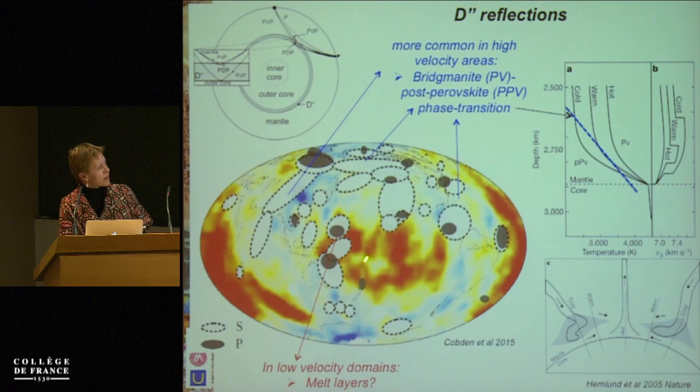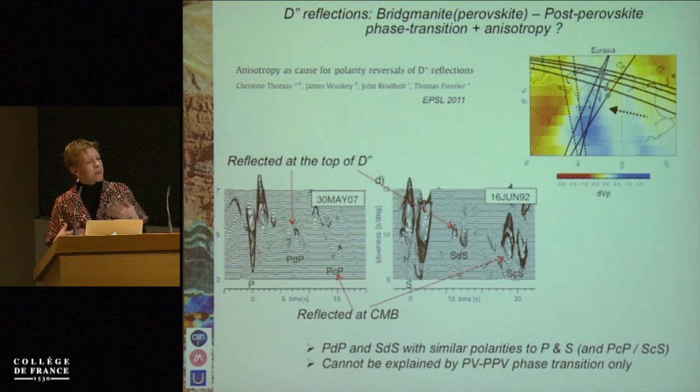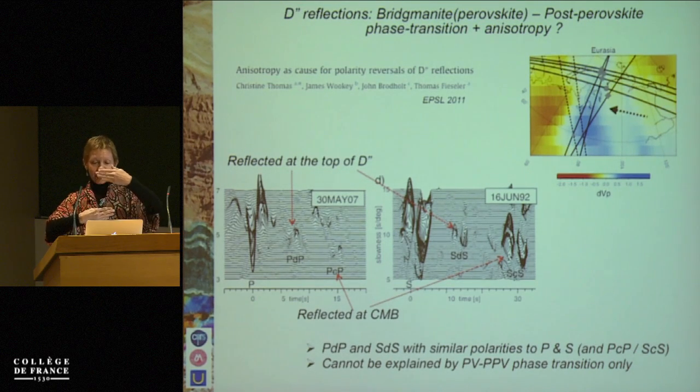There are a few that are in the large low velocity provinces, which have been interpreted as possibly melt layers in the mantle. But some of these reflections have polarities, and Tina has worked at length on that, so she can probably explain it better than me. Some have polarities that cannot be explained in a simple way by an isotropic Bridgmanite layer on top of an isotropic post-perovskite layer.